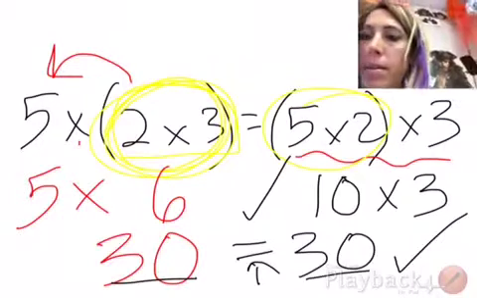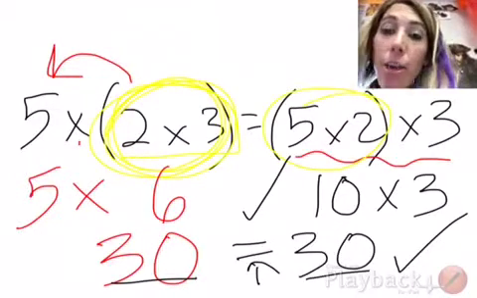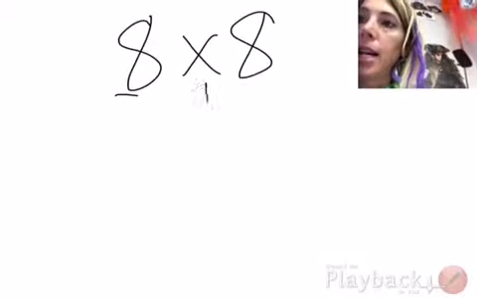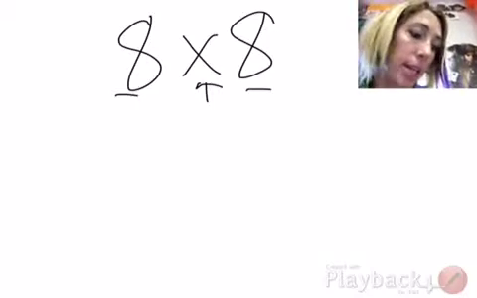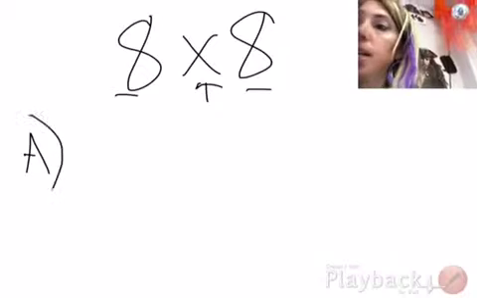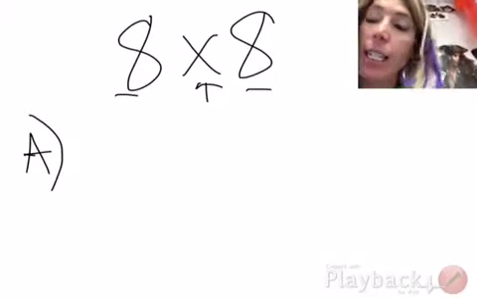Okay, we're going to look at another problem, which is to find a way to find 8 times 8. Remember, this is 8 times 8, and I think you know this one off the top of your head, the product. But of course, it makes it into equivalent addition expressions.